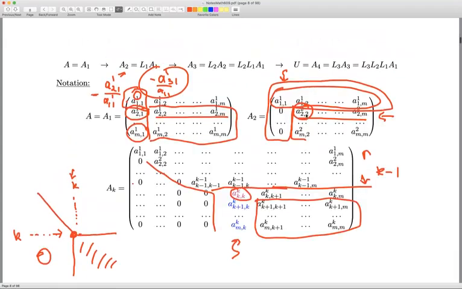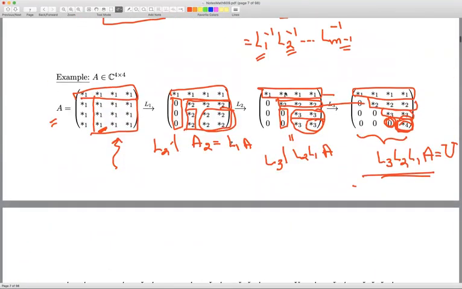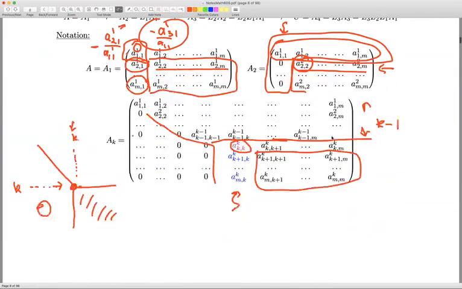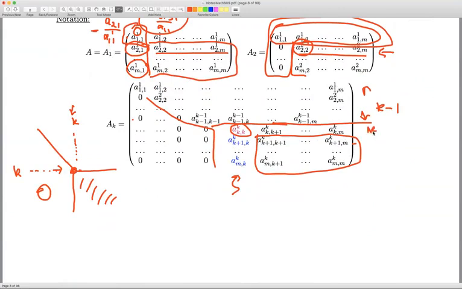That's why if you see here, they will be kept whatever they were up to that stage, and the only change will happen at row k plus 1, and so on up to row m. So all the change will happen in this submatrix.